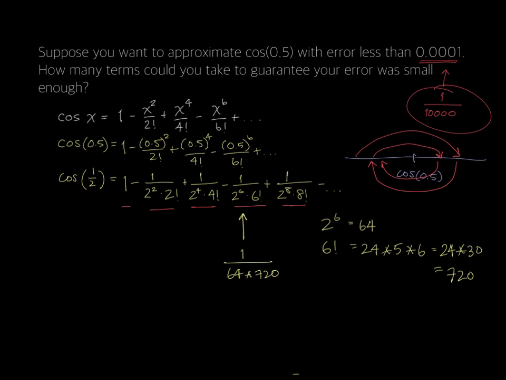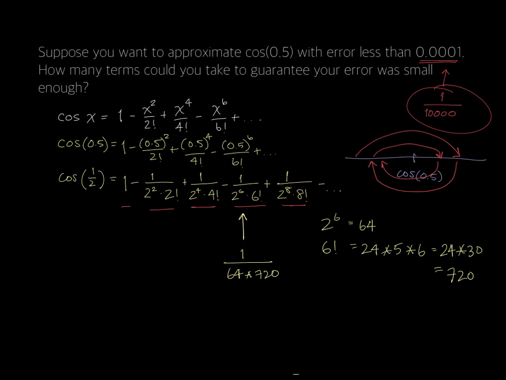Now let's see how big 64 times 720 is. You could absolutely just multiply 64 times 720, but some people prefer to do a little bit of approximating. If I bounded 64 and 720 below with things that were much easier to multiply together, I would end up with something that has a smaller denominator and so would be bigger than the original 1 over 64 times 720.